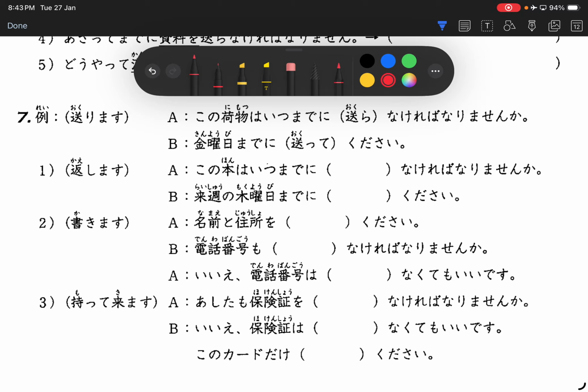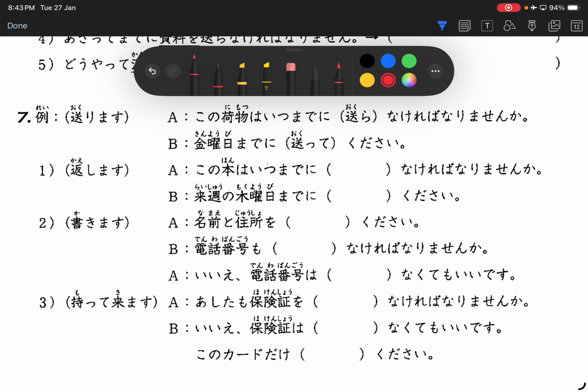Anybody know the answer? Actually, it's correct: 返さなければなりません。I just wanted to tag so the others would wonder why it's wrong, but it's correct. Nobody said it should be 返しなければ. Okay, 返さなければなりません, group 1.